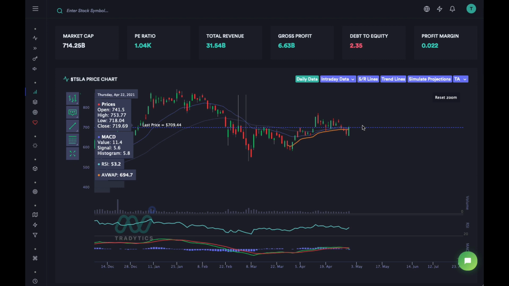You don't want that, especially if you're a big institution. So at this point, you're going to start buying a lot more, which is why oftentimes you're going to see these VWAP lines, be it an anchored VWAP where we are anchoring it from a certain point of time, or an intraday VWAP where the VWAP starts right at the beginning of the day and goes till the end of the day on the 1 minute chart.